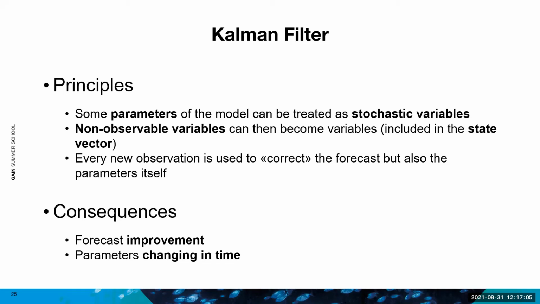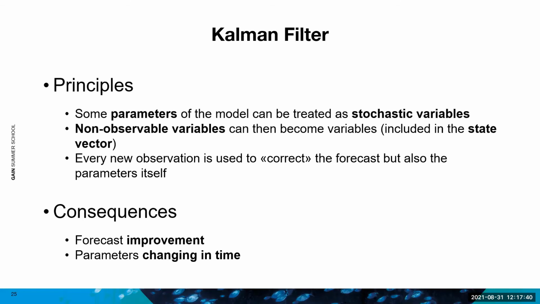Its principle, in more detail. If you think about your model that has some parameters, the Kalman filter allows you to say, I want some parameters of my model to be treated as stochastic variables. So you have some parameters, in our case non-observable ones, that can become, in the approach of the filter, variables in time. They are included among the state vector, which is the vector of the variables.